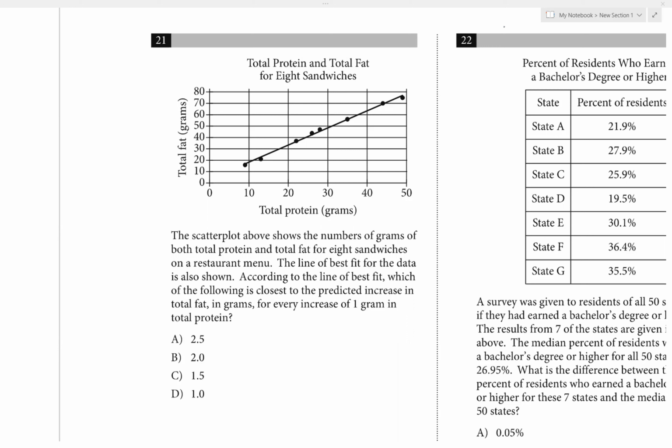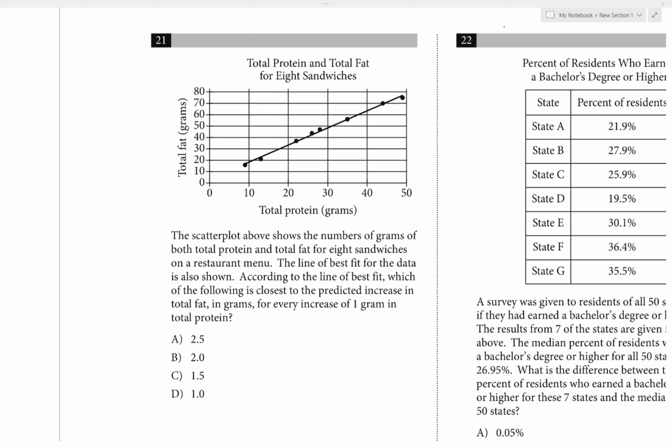Okay. So we have this chart, and on the x-axis we have the total protein in grams, and the y values represent the total fat in grams. And what we're trying to solve is, for every 1 gram increase in protein, how much does the fat increase?